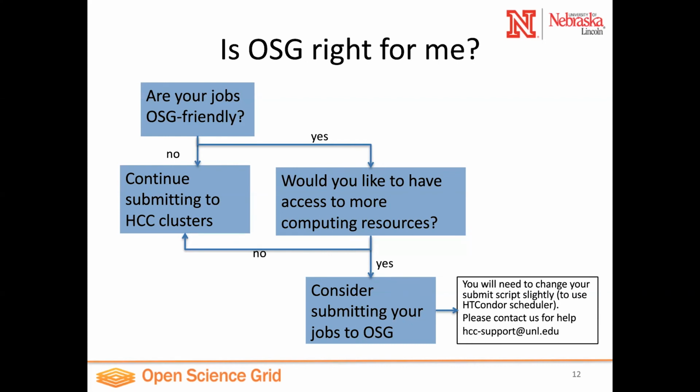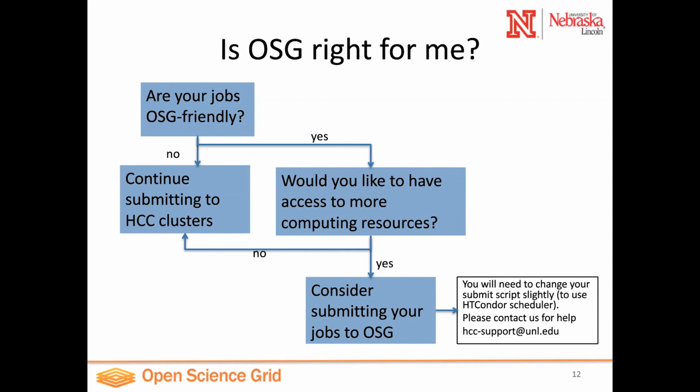If the answer is yes, and you could make them OSG friendly, the second question you have to ask yourself is, do you even need more computing resources? Maybe you only run one job a week, and it's small, and you don't need access to more. The extra work involved in getting your job ready to run on OSG and creating a new submit script isn't really worth the trouble, because you're not running out of resources.